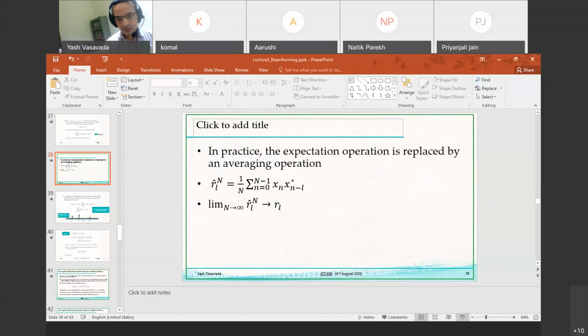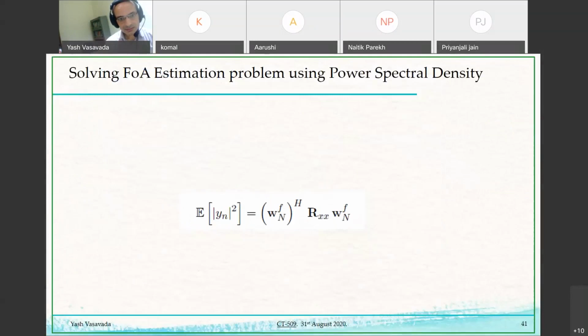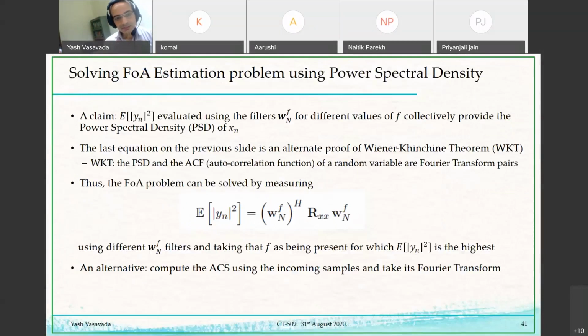Okay, so what I was trying to say here is that instead of coming up with all this topic of FIR filters that we started out with, if our objective is only to solve this frequency of arrival problem, we could just compute the autocorrelation sequence using capital N samples of the incoming signal according to that formula that I had just written.